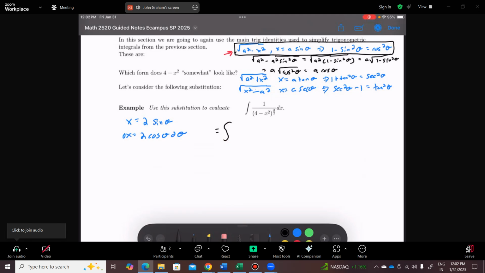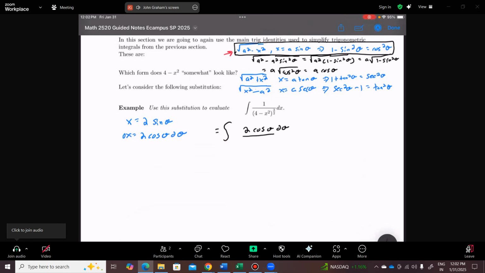So on the top, you have just a dx, so you have 2 cosine theta d theta. And then on the bottom, we're letting x equal 2 sine theta, so we have 4 minus 2 sine theta squared, so 4 sine squared theta. And then this is cubed as well, since it's still 3/2.